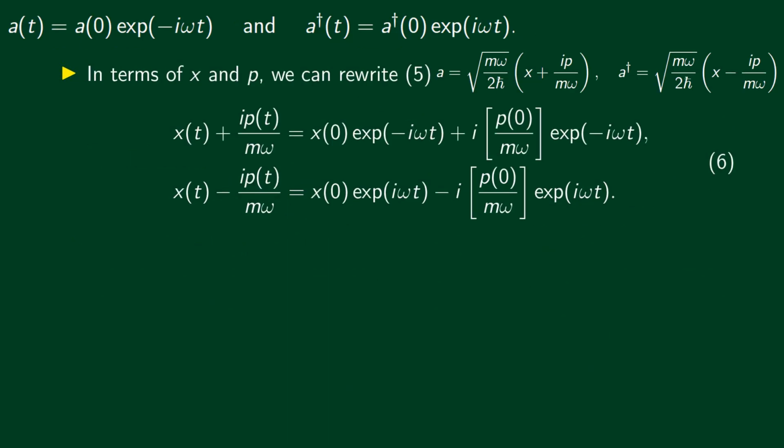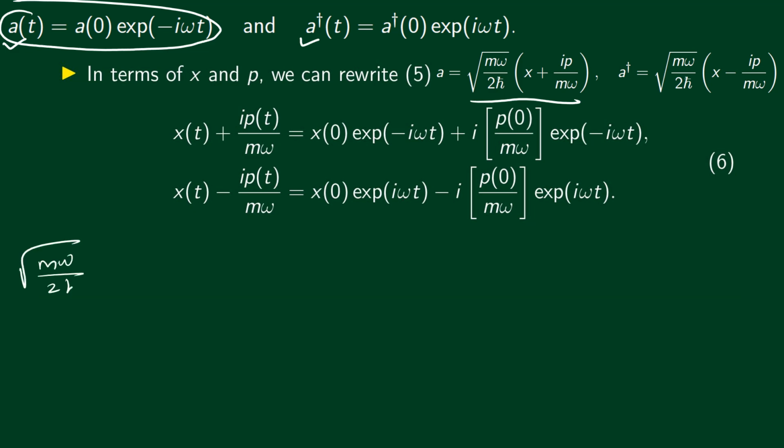From these expressions for a(t) and a†(t), we can find expressions for x(t) and p(t). What we need to do is to use this expression for a and this for a†, because a is written in terms of x and p, and a† is also written in terms of x and p. So if we write out this expression in terms of x and p, the left hand side becomes square root of mω divided by 2ħ.